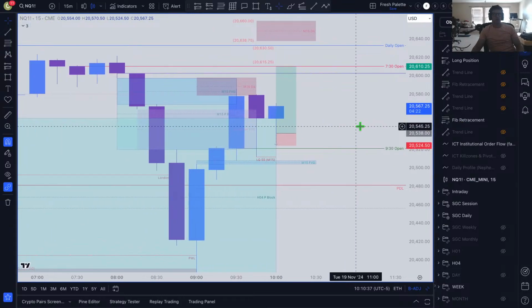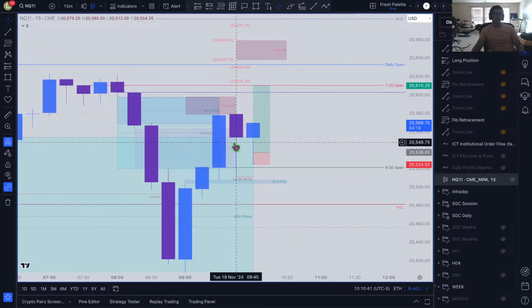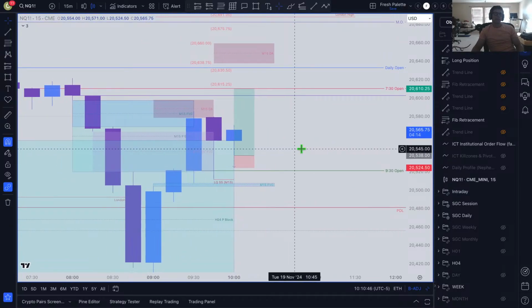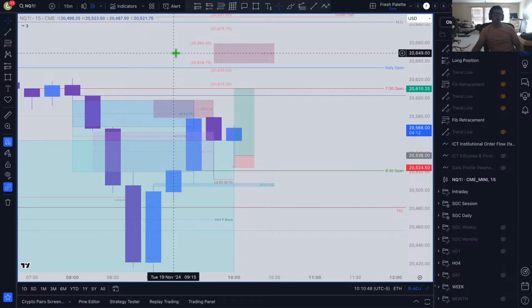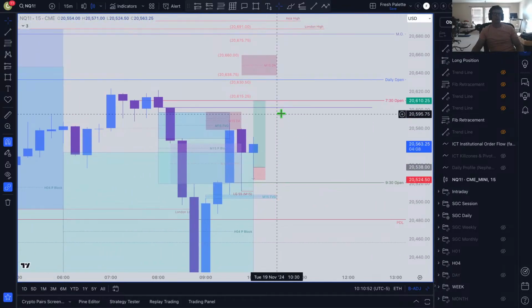That closed up. 15-minute is also confirming this P block, which gives even more confirmation on this trade. Right, and the 15-minute DA is up here. Notice that my initial target is at 730.